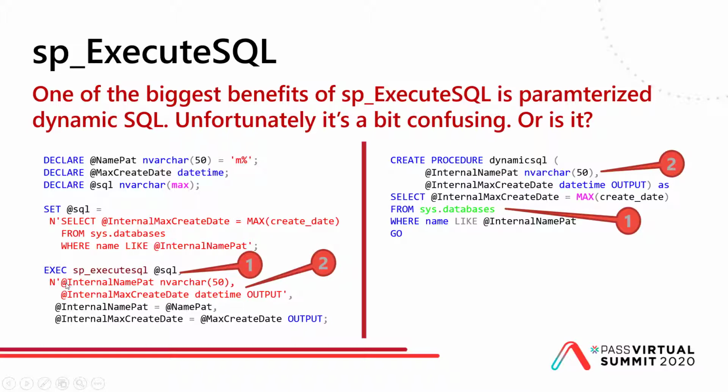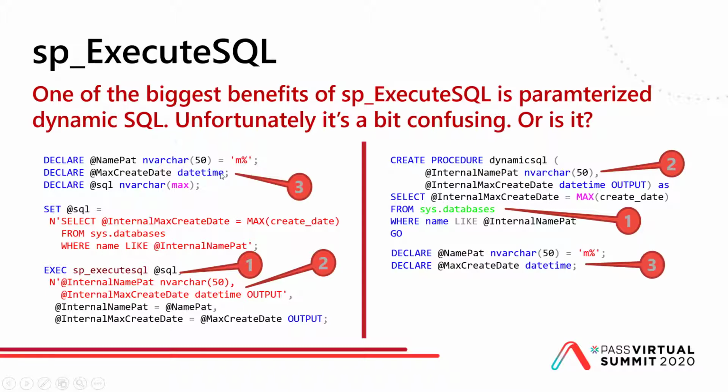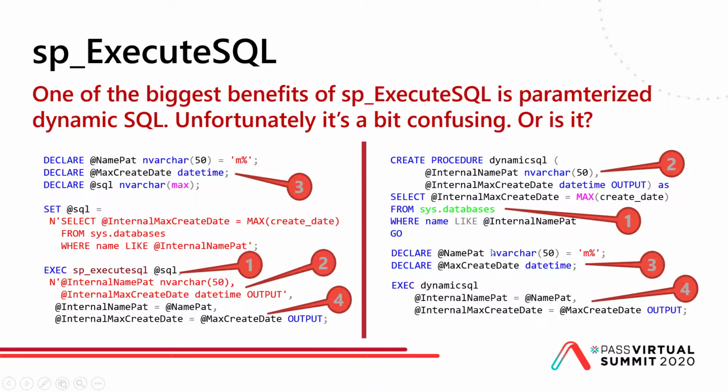The second parameter that we're passing in is the definition for the create procedure. Third piece is the variable declarations. And last but not least, we run the thing passing in our parameters, just like we would do here. Execute stored procedure, passing in parameters.